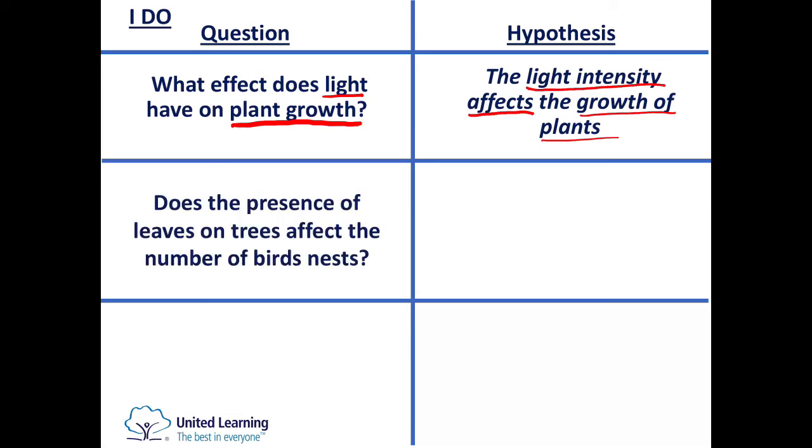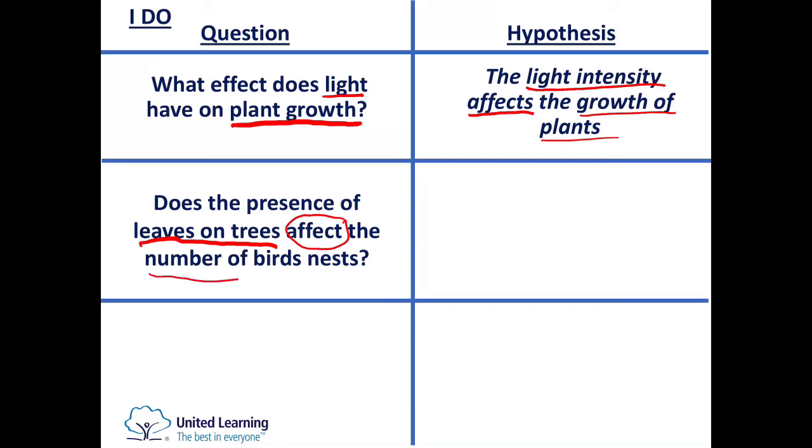The next question: does the presence of leaves on trees affect the number of birds' nests? So in order to formulate my hypothesis, I'm going to look at that first variable, which is going to be leaves on trees. We have this keyword already, affect.